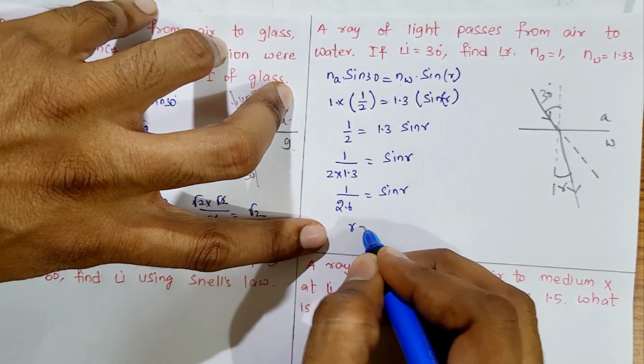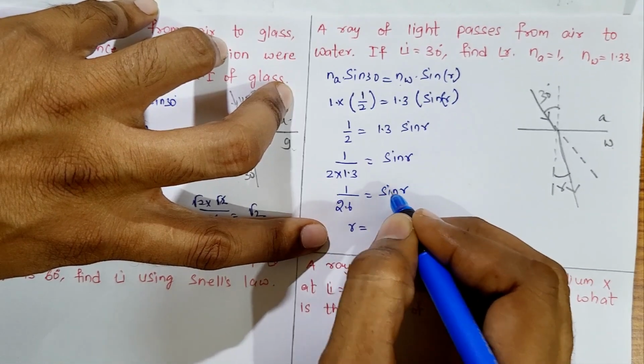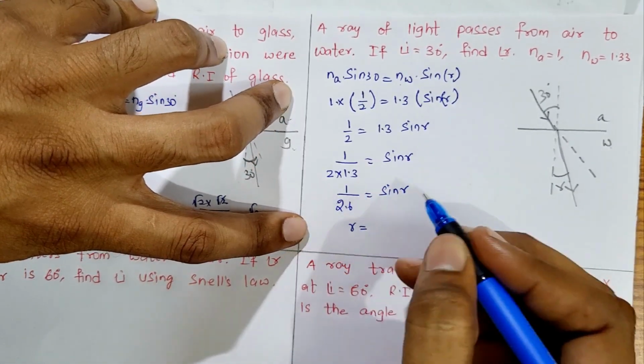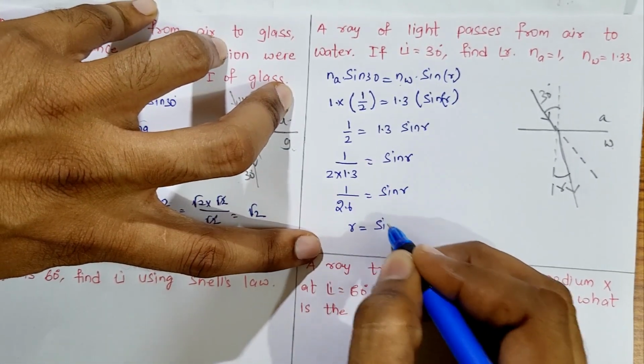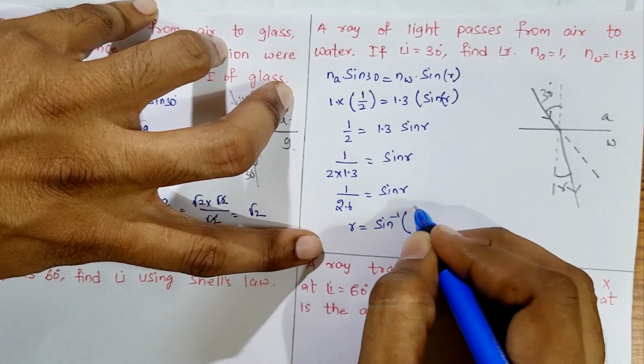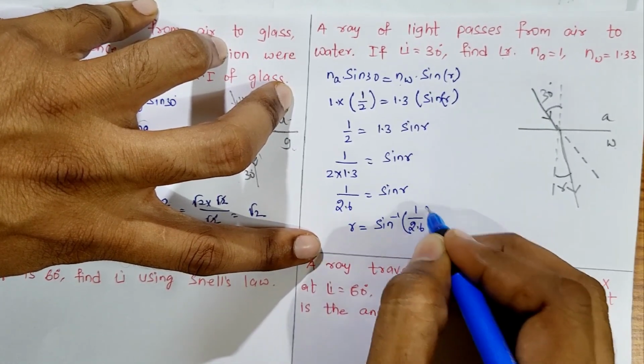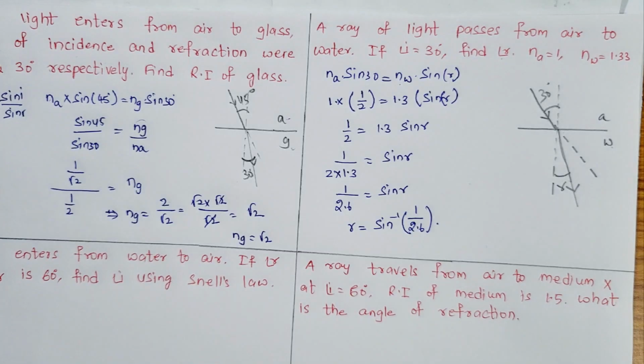So r is equal to, you send this sine to the opposite side, r is equal to sin inverse of 1 by 2.6. This is the angle of refraction.